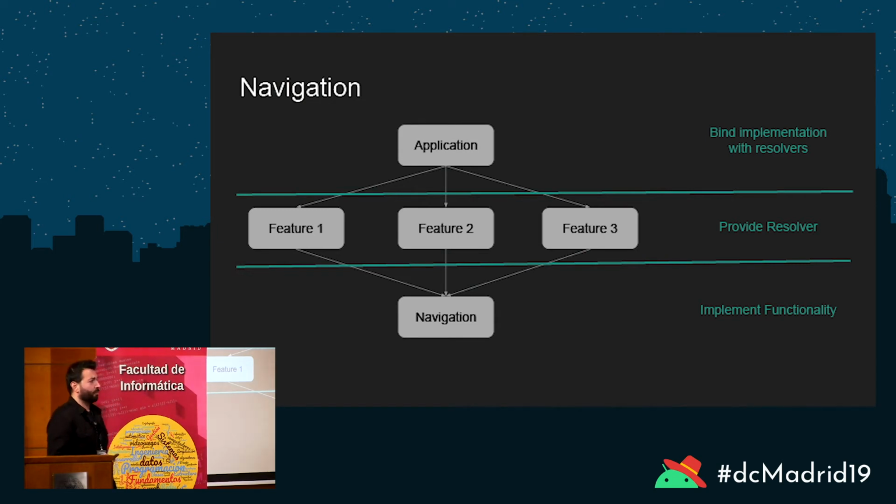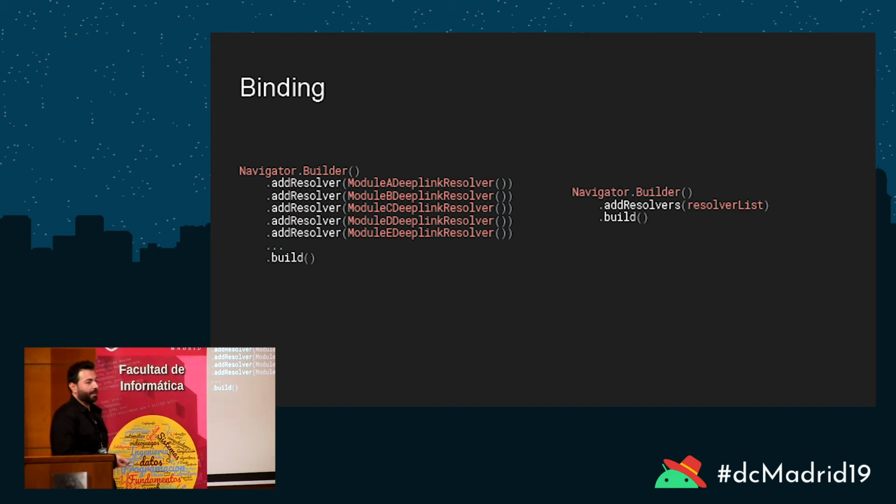And the application would bind all this together. By binding, I mean this. We are quite familiar with this pattern: you have an instance that knows how to manage all this stuff, and then you just append all the resolvers, like interceptors in Retrofit, or converters, and so on.